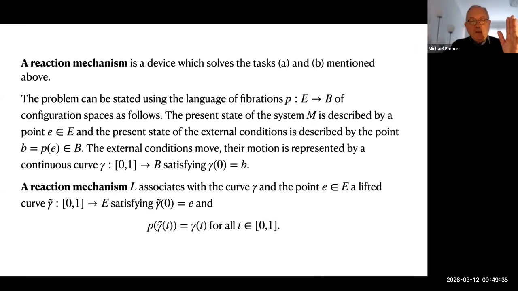So the external conditions move, and their motion is represented by a continuous curve gamma in the base. And this curve starts at the current state of the external conditions.